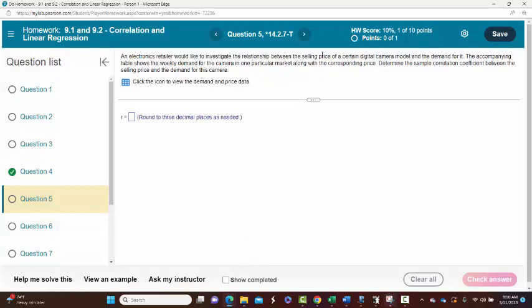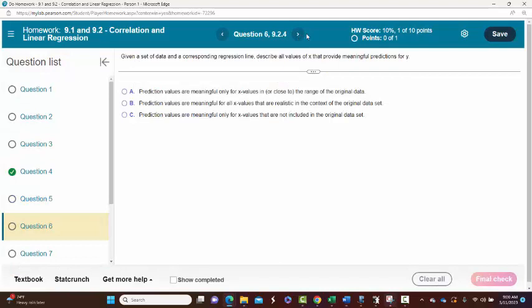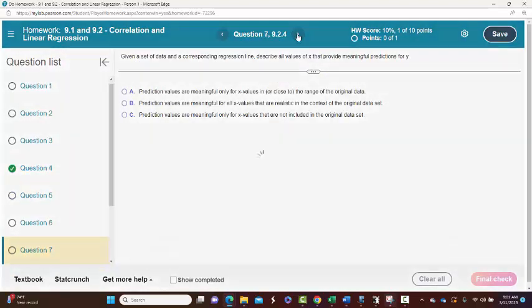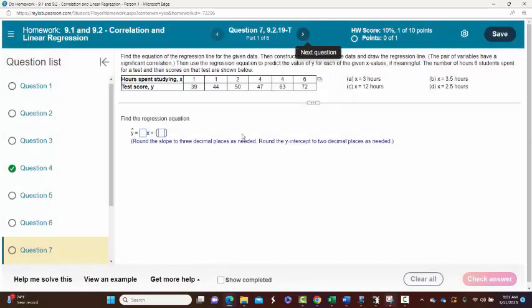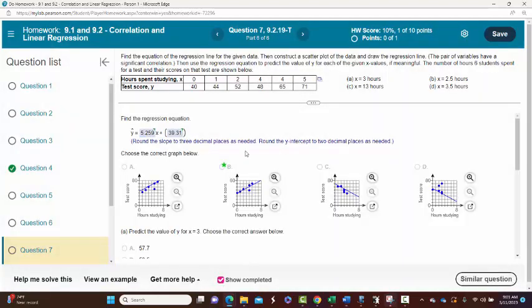But the ones I did were, I think, 2 out of the last 3, because they have all kinds of fun stuff in them. Hours and test score, we've already done that. That's kind of boring, but good practice for you though, obviously.